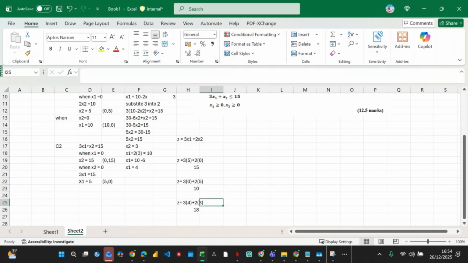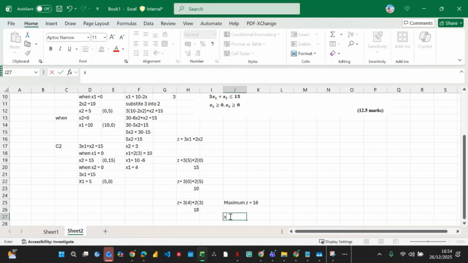So which one is the highest? 18. So the maximum profit, the maximum profit of z, is now 18, and that is your answer.